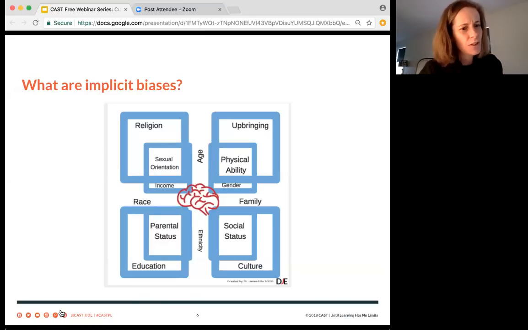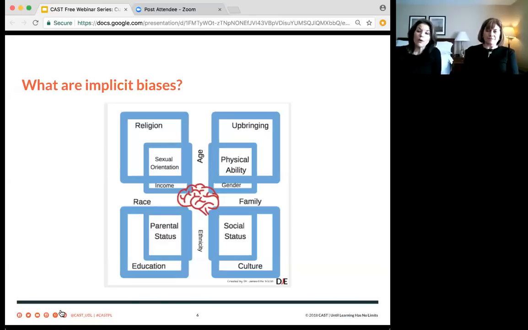Did you want to comment as well, Joni? Oh, I was just going to say, one of the things that is important to know about those implicit bias tests is that they're so intensely personal. So it really is something that you want to do in a personal, private setting, I think, and then look at those results.